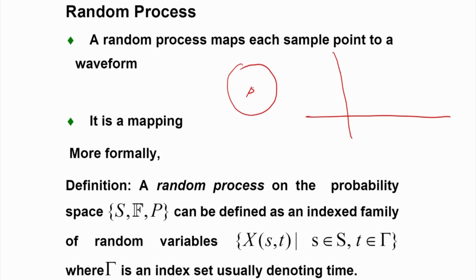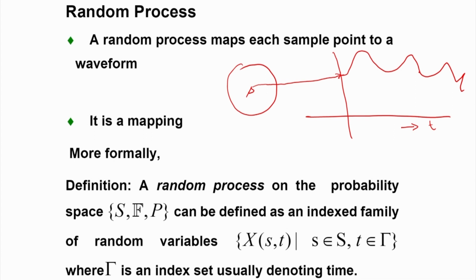In the case of a random process, the same sample point will be mapped to a waveform, maybe this type of waveform. So, if I consider this time axis, it associates every sample point and every time instant t to a point on R.